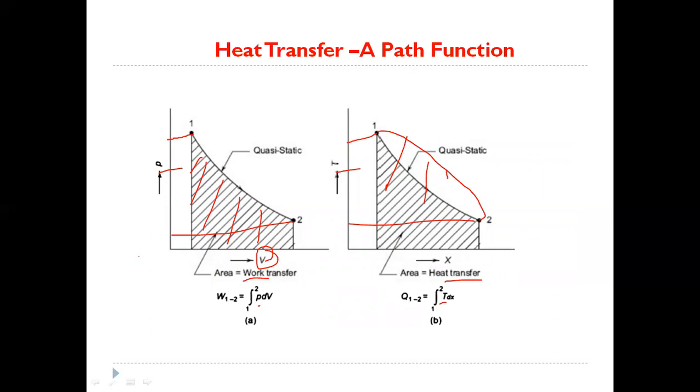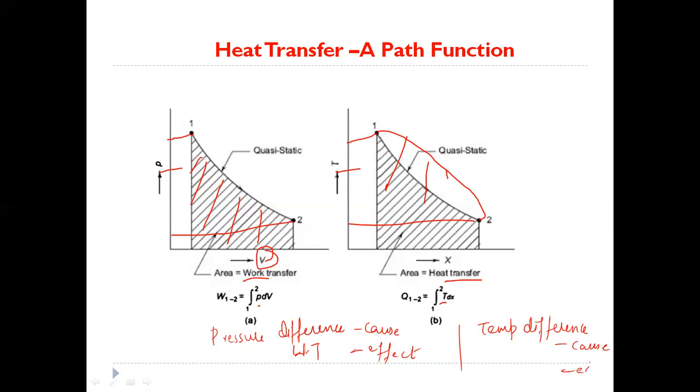That means if pressure difference is taken as the cause, then the effect is work transfer. Similarly, if temperature difference is taken as a cause, the effect we will observe is heat transfer.